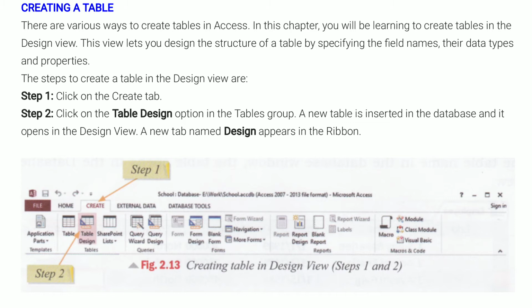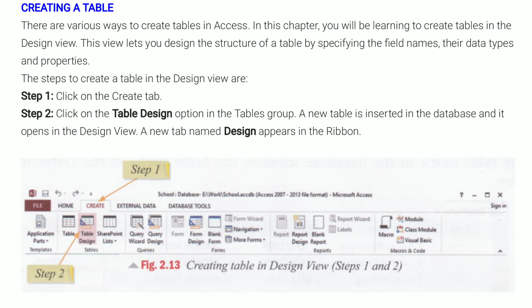As I explained, for creating a table in design view, we have to specify the field name, field data type, description of the field, and we can also set the properties of each field according to the data type using the design view at the time of creating a table.